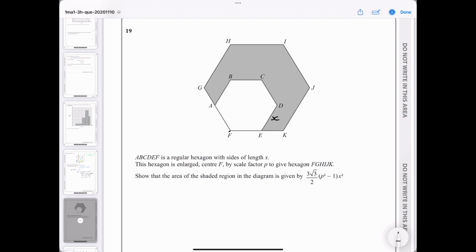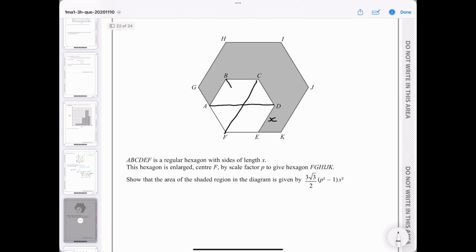Okay, so let's start off by working out what the area of the smaller hexagon is. I'm thinking that is an equilateral triangle, so let me just redraw that triangle.